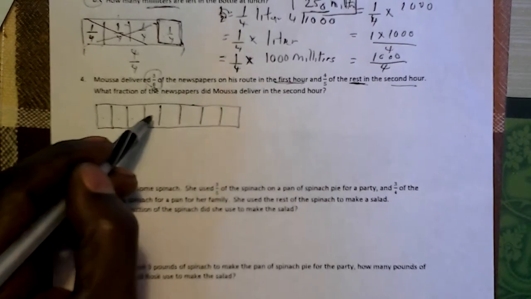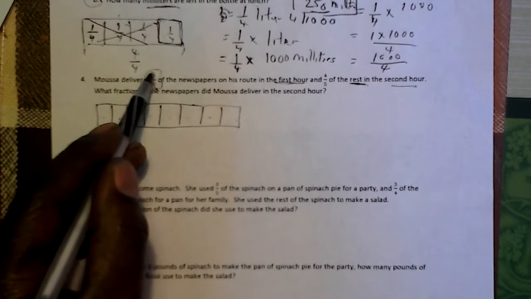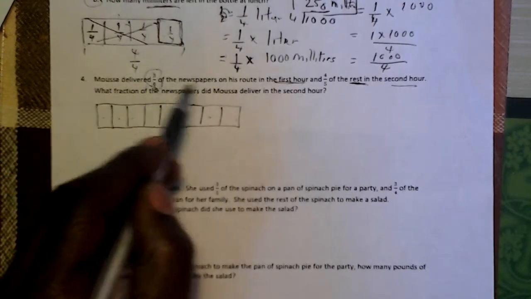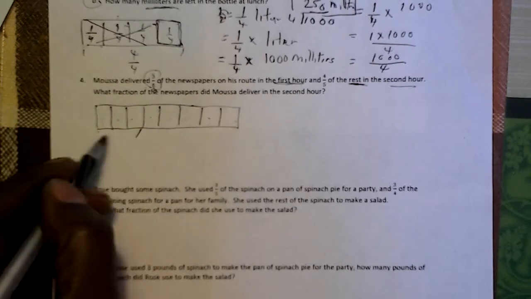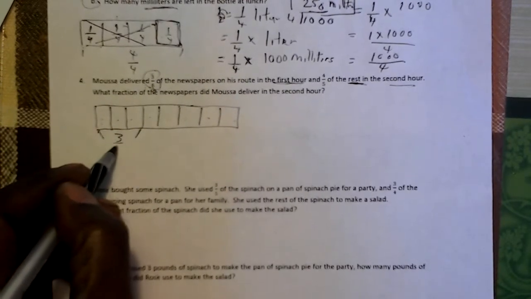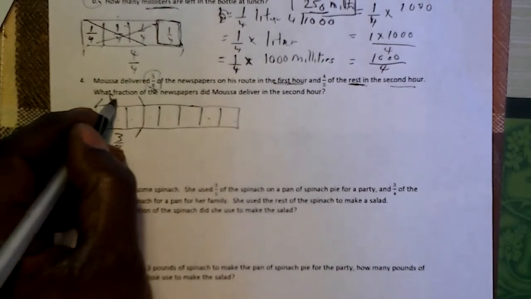So we should have 1, 2, 3, 4, 5, 6, 7, 8. Okay? He delivers what fraction in the first hour? 3/8. So we got 1, 2, 3. So 3/8 in the first hour.